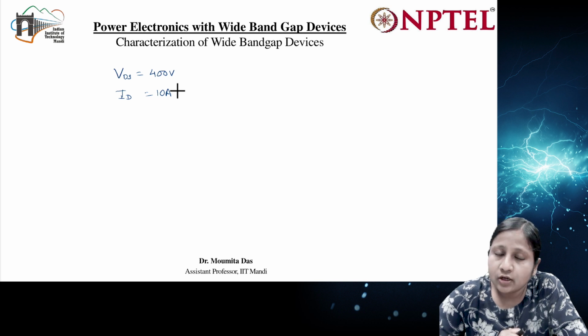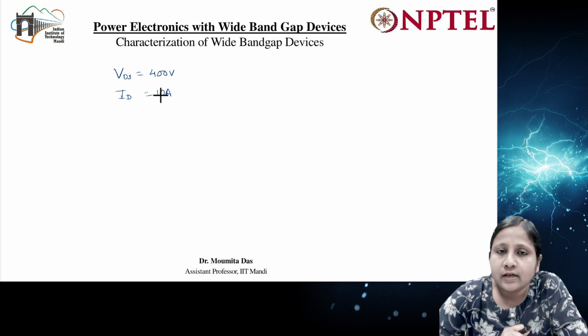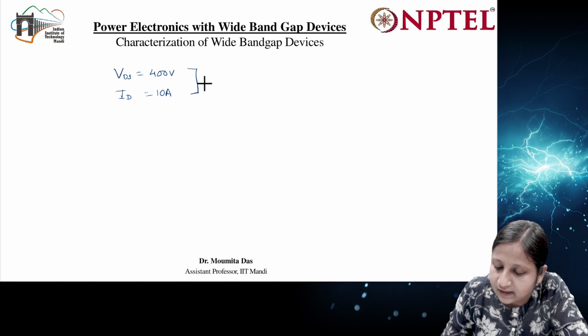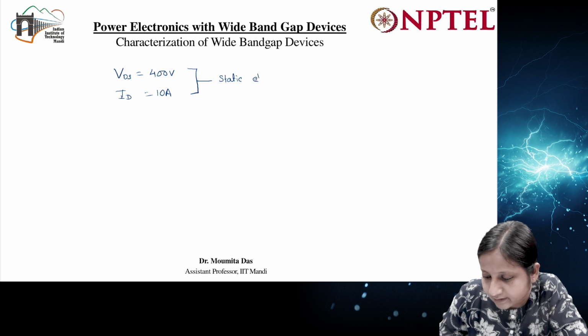Based on that, we can select the maximum rating, and then from there we can select the device which will be capable of carrying that much current or withstanding that much voltage across it. Now these two parameters can be found from the device characterization. When we say device characterization, for that we need static characterization. So this comes under static characterization.